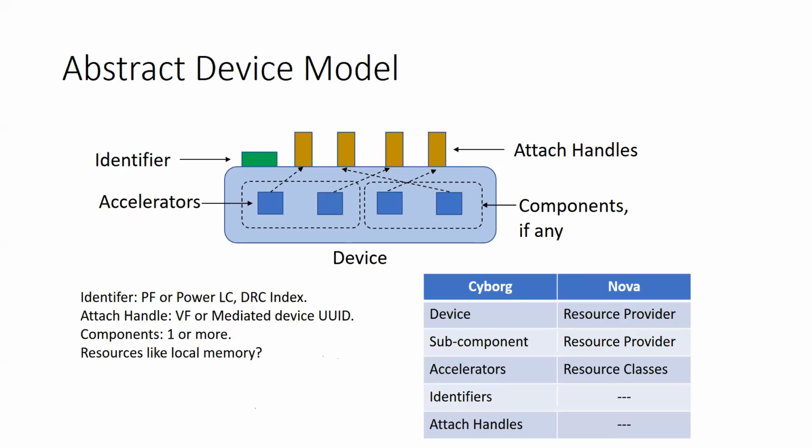Somebody looking at Cyborg will figure out what's the corresponding Nova component, and when Nova requests come in, we can figure out the corresponding device components based on resource provider UIDs. That kind of translation back and forth will be very useful. And in the future, maybe it will also help with Neutron, although we need to figure out how exactly we'll do that.